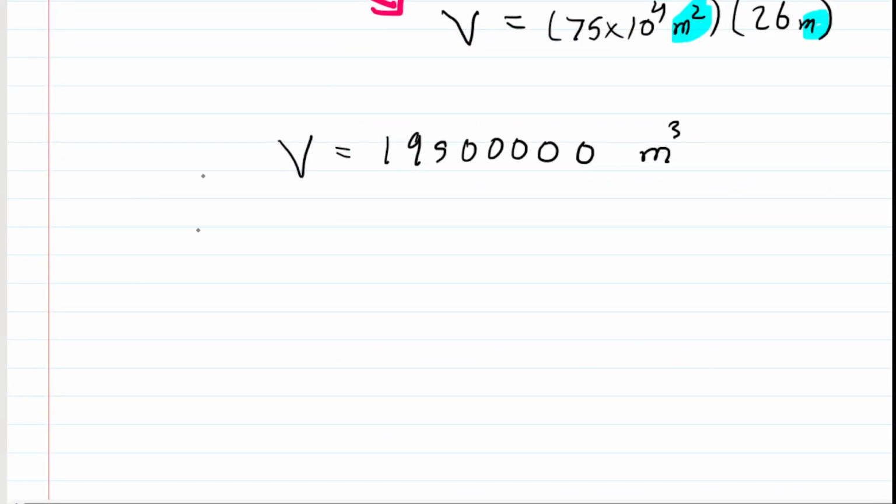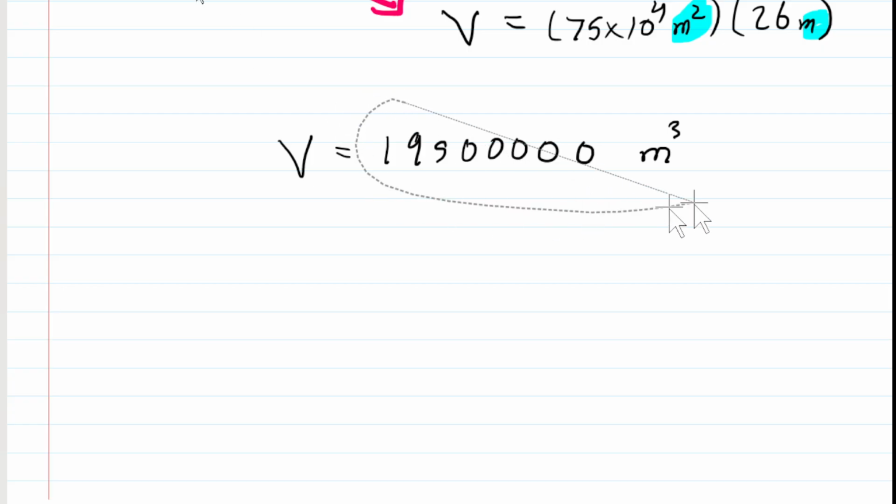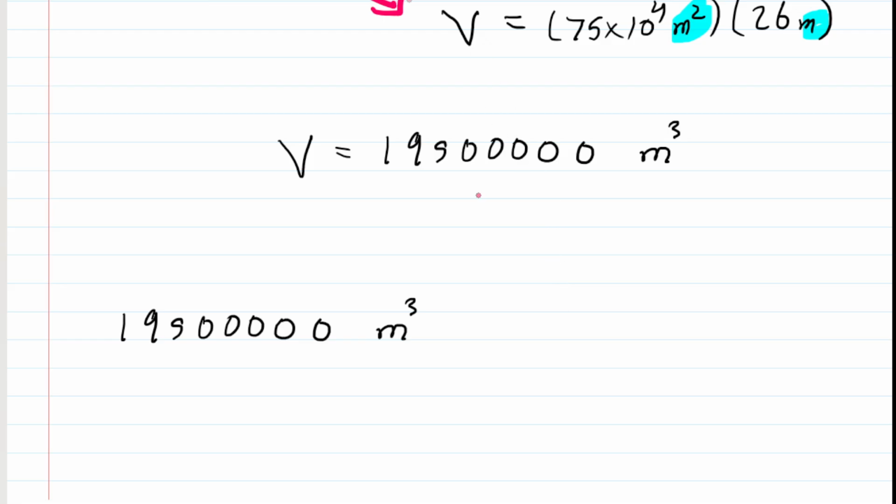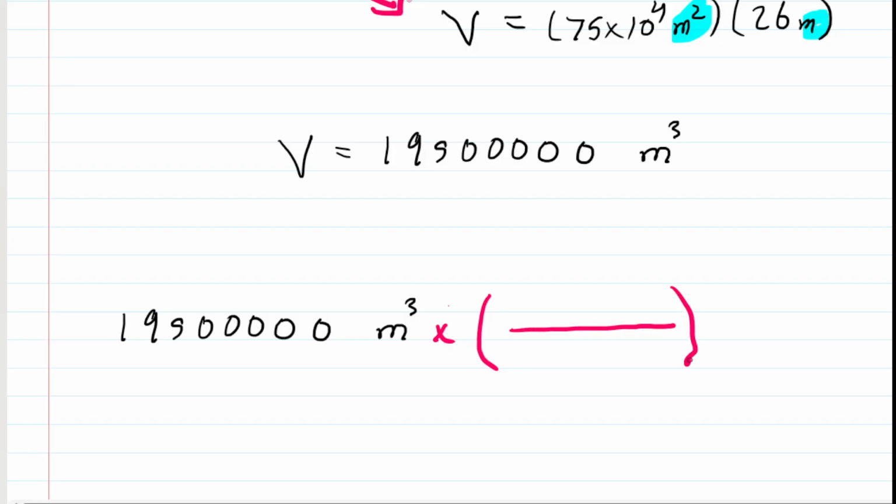So let's set that up. Let's go ahead and take our large number of meters cubed, and we're going to set up a conversion. So we're going to multiply by another conversion factor. Now, you probably have learned in this chapter that you can convert from kilometers into meters or vice versa. Perhaps you now know that 1 kilometer is equivalent to 10 to the power of 3 meters.